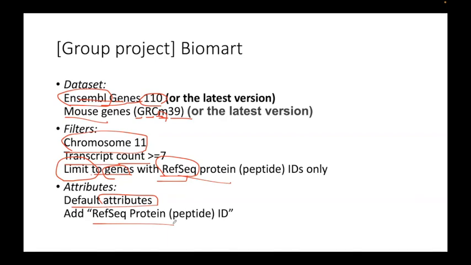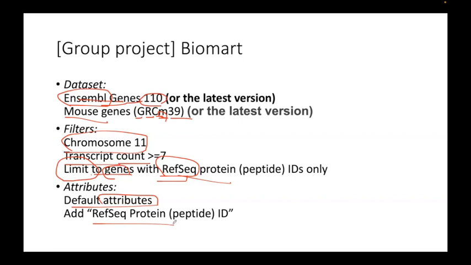Can you do that by clicking the manual way that you learned so far? I don't know how to do that, but if you happen to know, please let me know. I can learn, but I don't know how to do this kind of complicated one. But if you use a query style, you can actually do it.